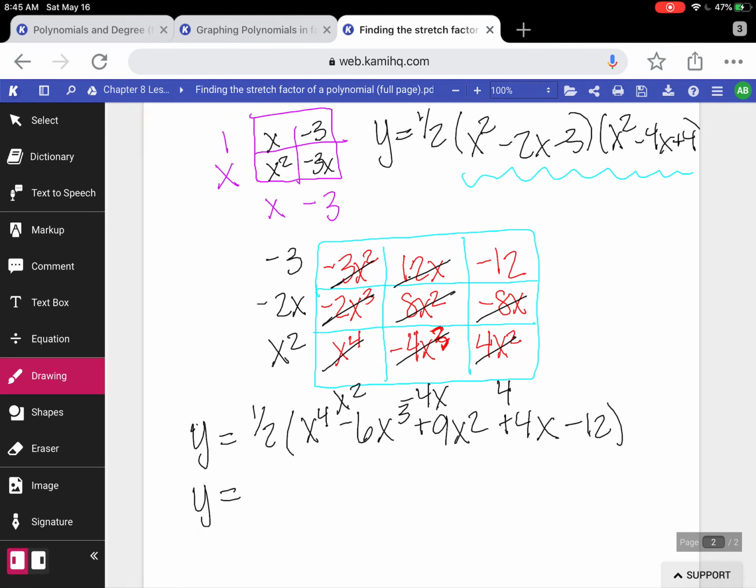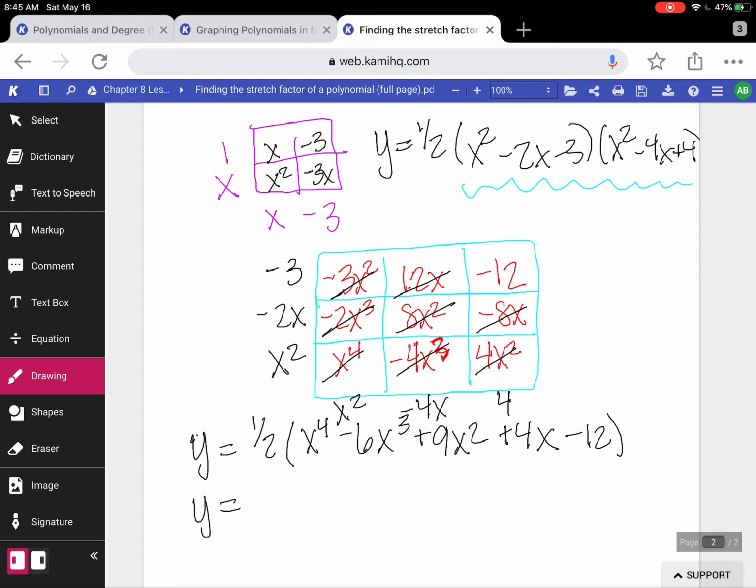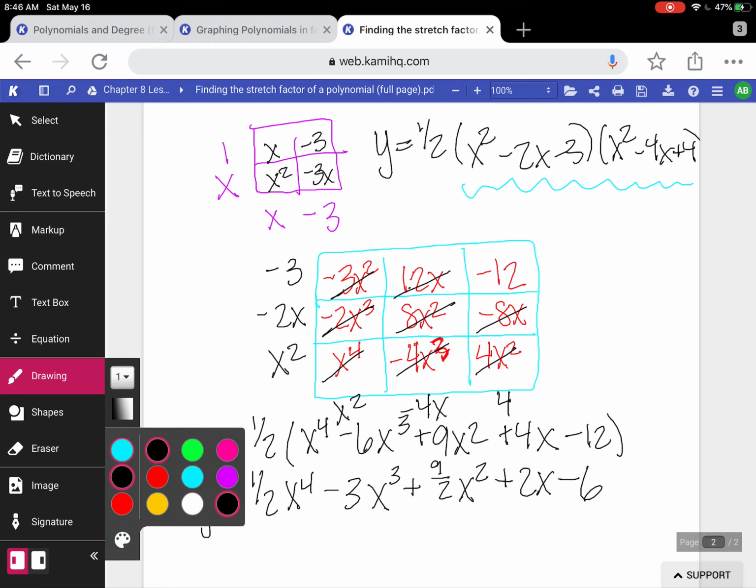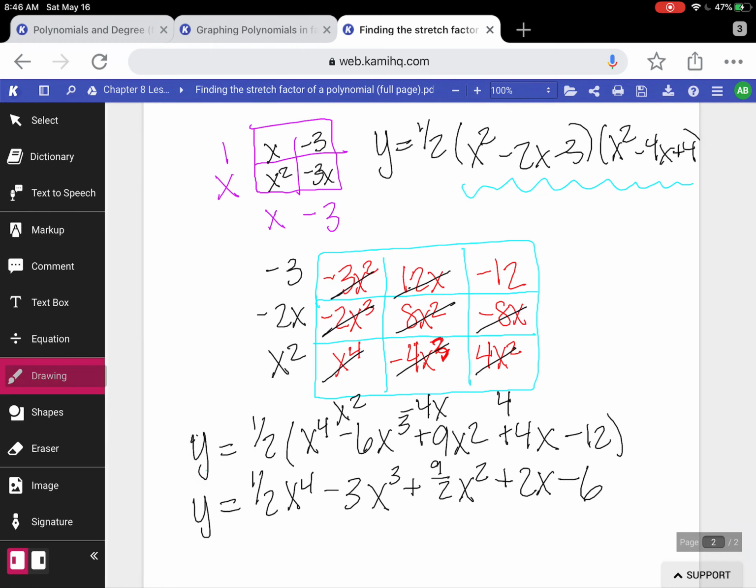And then our very last step is to just take that 1/2 and distribute it in. So we would have 1/2 x to the 4th minus 3x to the 3rd plus 9/2 x squared. You could do 4.5 plus 2x minus 6. So that final equation is going to be our equation in standard form.